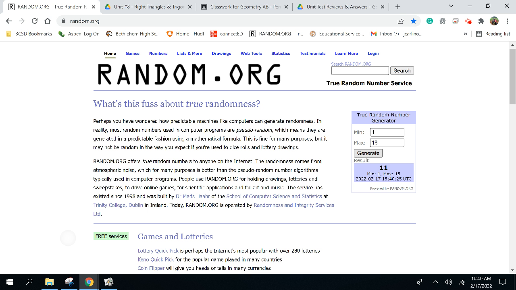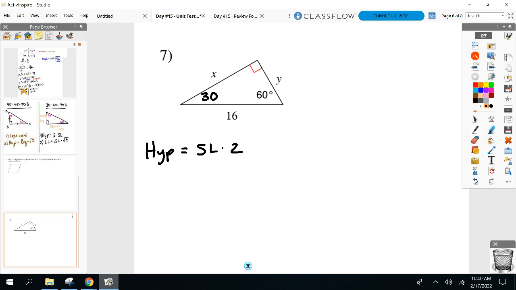So explain to me, how do I get to the shorter leg? What's the hypotenuse again, Molly? Correct. Take your hypotenuse and divide it by 2. So what's my shorter leg here, Molly? Finish it up. 8.